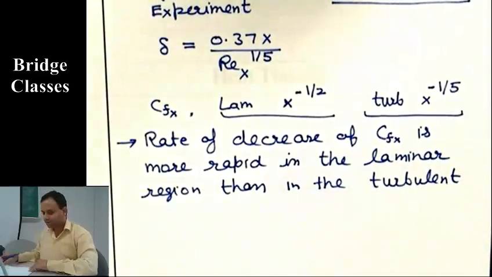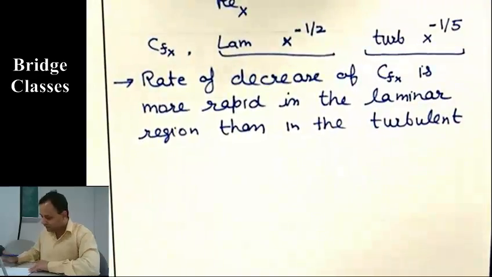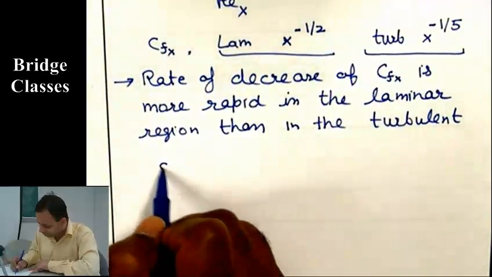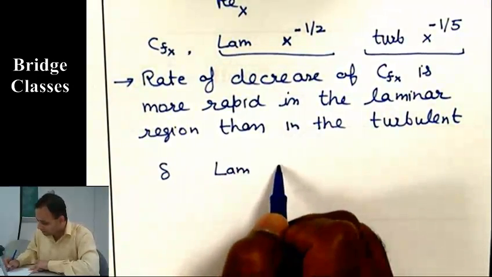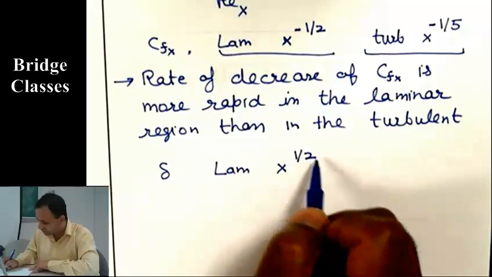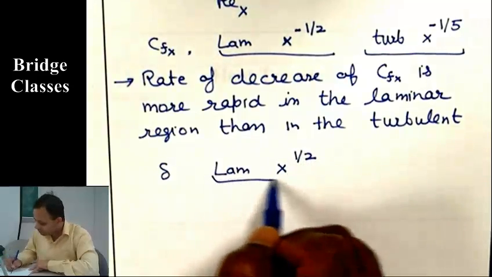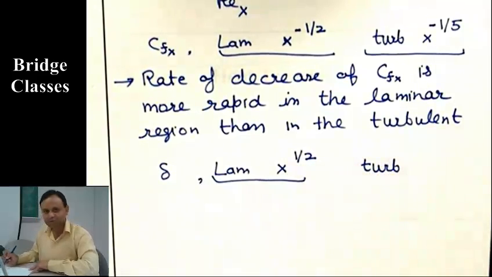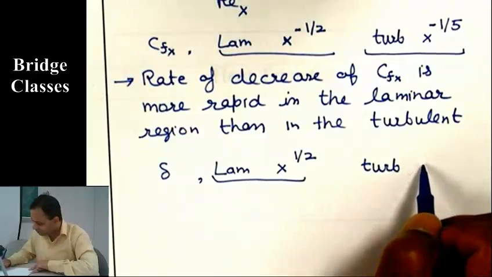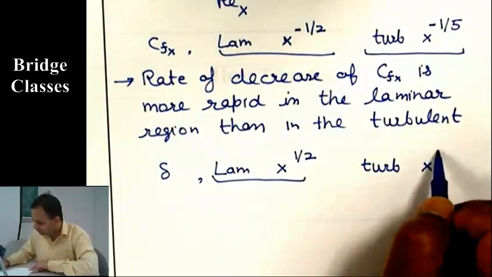Okay. Now if you look at the boundary layer thickness, delta for laminar flow increases with x to the power half. But for turbulent, and we are talking about flow over a flat plate, it increases with x to the power 4 by 5.